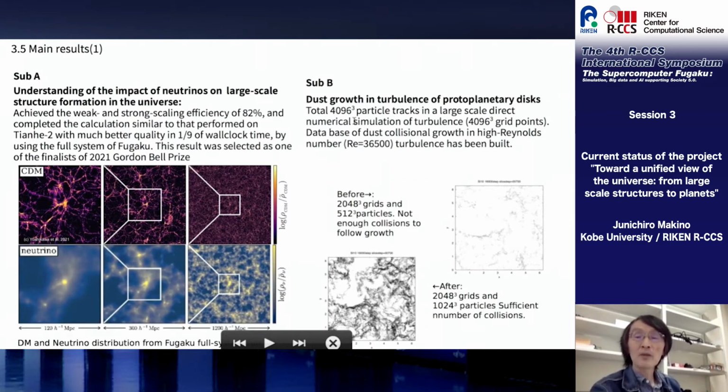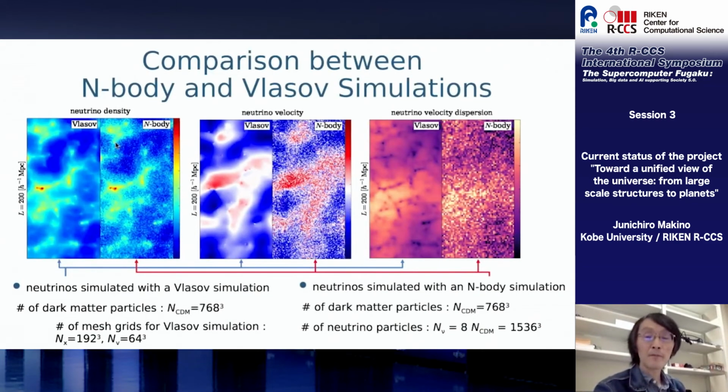We have run up to 4K cubed particles in 4K cubed grid point direct Navier-Stokes simulation. That means we have reached a Reynolds number of nearly 40,000 and succeeded in collecting very good statistics of the growth of the dust in the turbulent disk. And this is the comparison between the N-body and Vlasov simulation for the neutrinos.